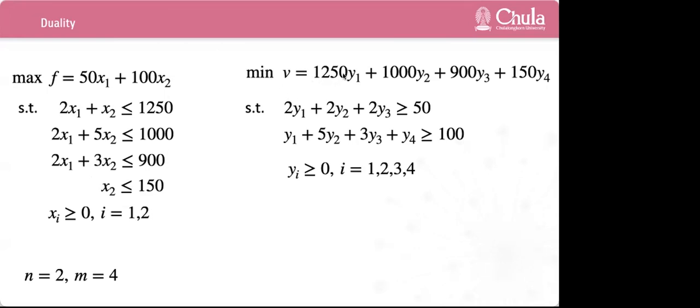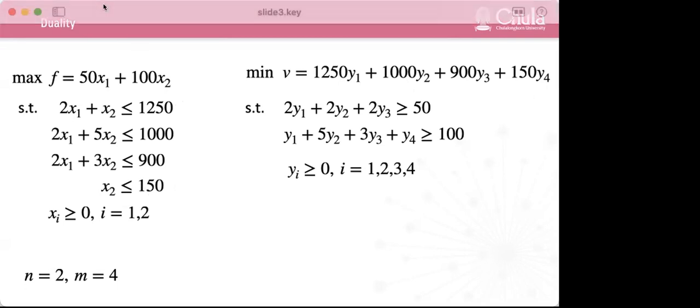Notice the coefficients of the objective function this time: they are the right hand sides of the constraints of the primal problem. 1250 here, 1000 here, 900 here, and 150 here.